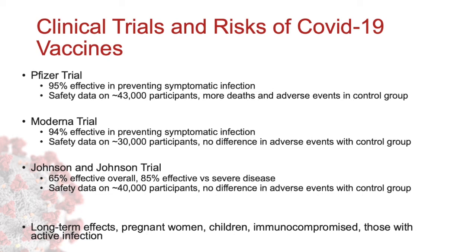But in general, the safety data looks relatively good in these. Now, you can say there isn't long-term safety data yet, but there are many vaccines on the market that have been developed in the same way as the Johnson & Johnson vaccine with very good long-term safety data. Now, for Pfizer and Moderna, there's a lot of concern because these are the first RNA vaccines, but you can see the mechanism of Johnson & Johnson and Moderna and Pfizer is very, very similar.